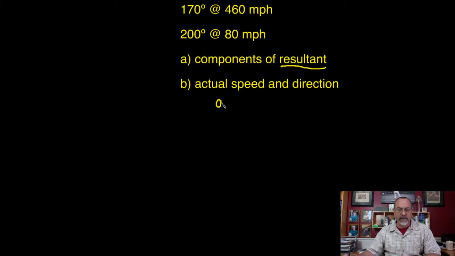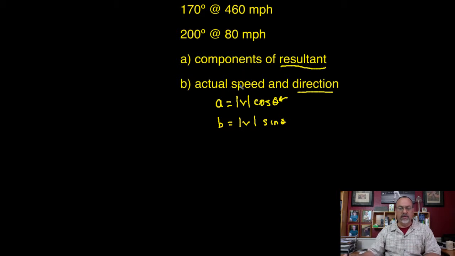And that is that the A component is equal to the magnitude times the cosine of the angle, and the B component is the magnitude times the sine of the angle. So in order to determine the direction, I'm going to need to determine this angle.